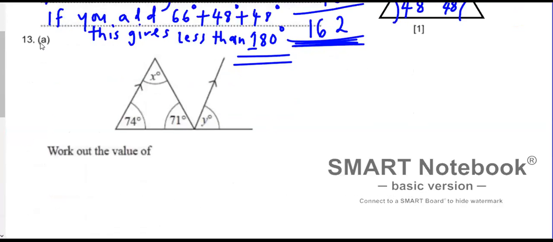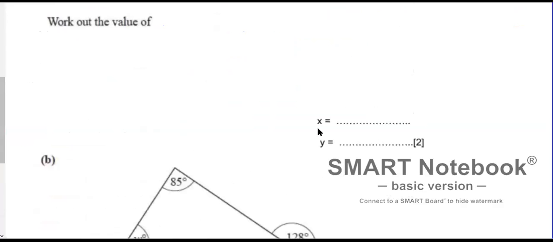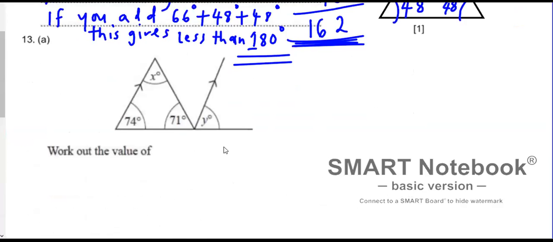So we have 13A, this question here. Work out the value of X and Y. All right, so if you look at this diagram here, you can see that this line here is parallel to that line.